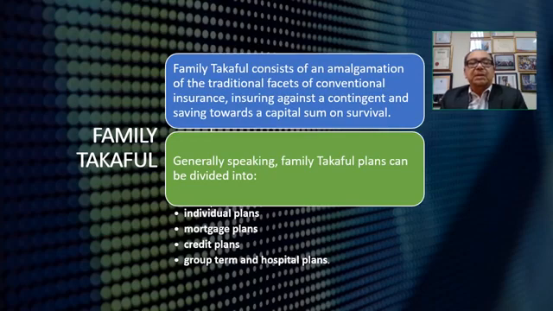At least in the mortgage plan, they still mortgage your house to the bank for the loan. But here, credit plan for loans that we borrow for business, there's nothing we give as guarantee. So they want us to buy the family takaful insurance to cover the loan that we borrow in case of our death. Then the insurance will pay the balance of the loan.